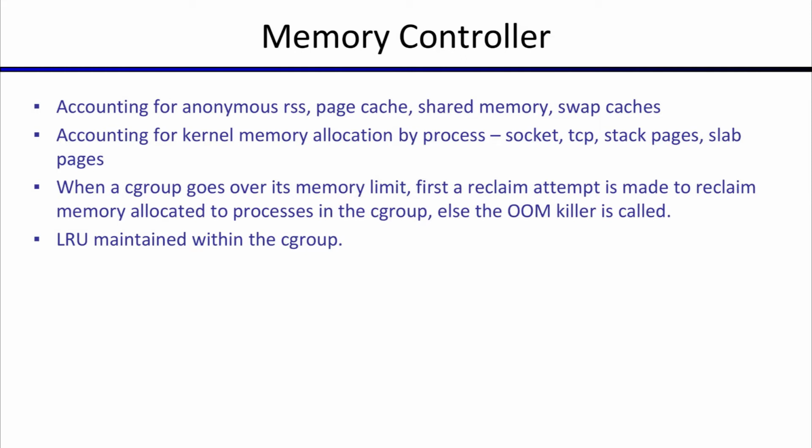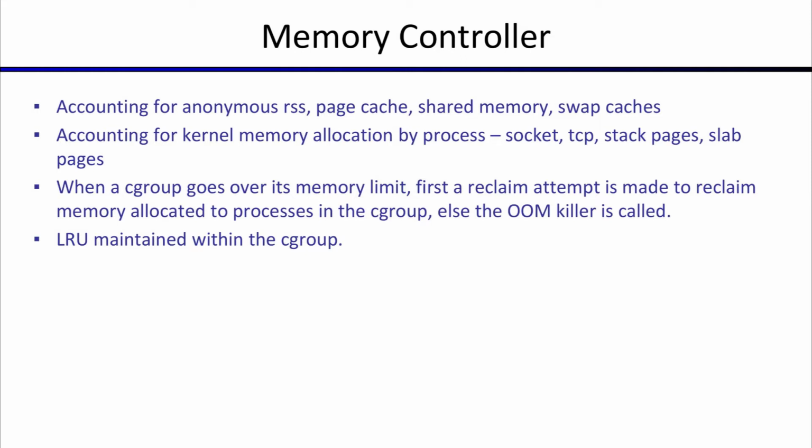Then in addition to that, when the memory of the process goes over certain limits that you define in cgroups, you can actually take action and kill that process or a process within that cgroup to alleviate the memory situation.